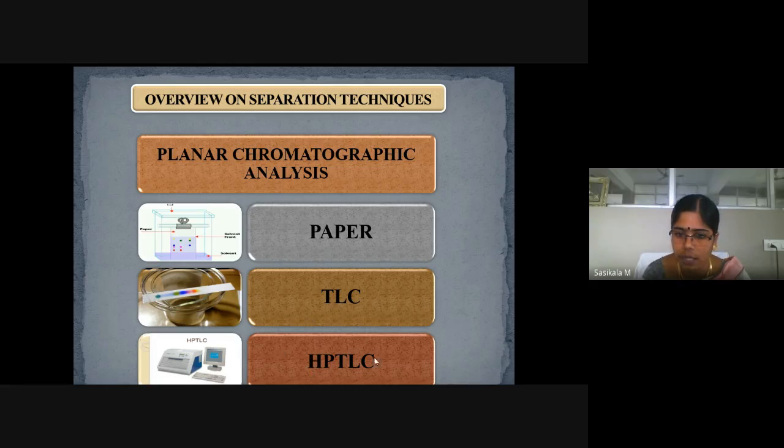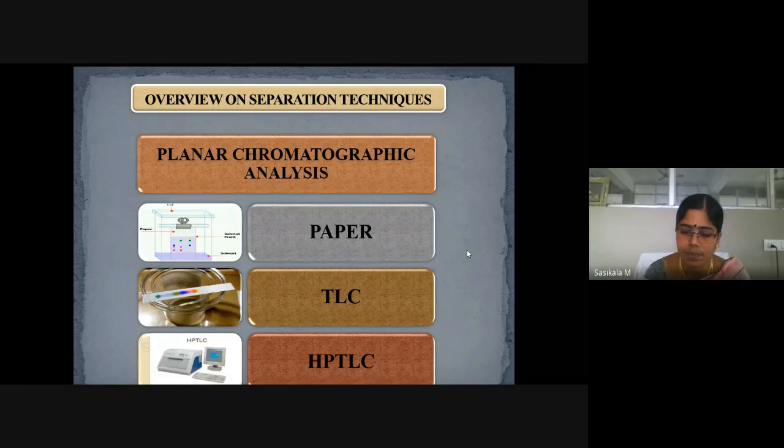Mainly quantitative analysis is carried out by HPTLC, whereas TLC and paper are qualitative and semi-quantitative. We can carry out qualitative and semi-quantitative analysis by paper and TLC, whereas by HPTLC we can go for a sensitive quantitative analysis of the separated molecules. So this is about planar chromatographic analysis.